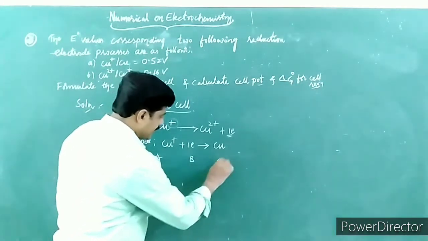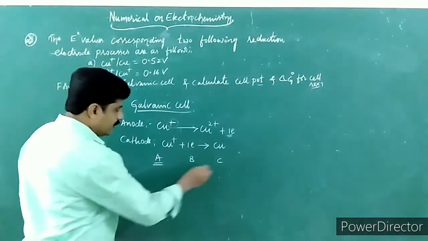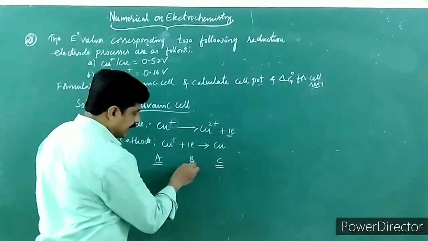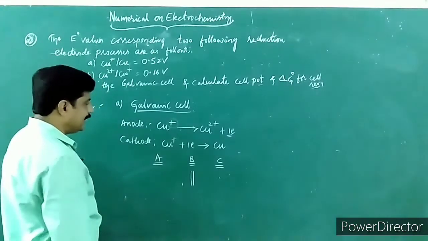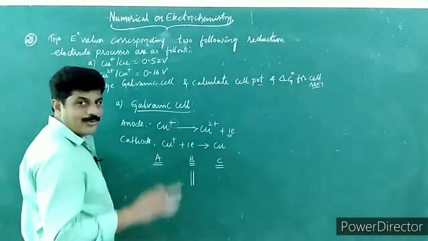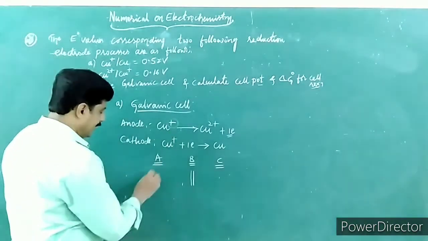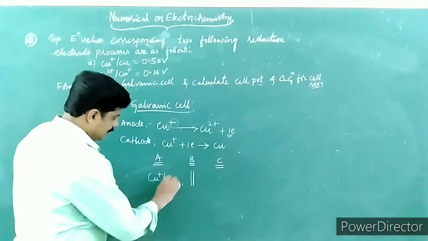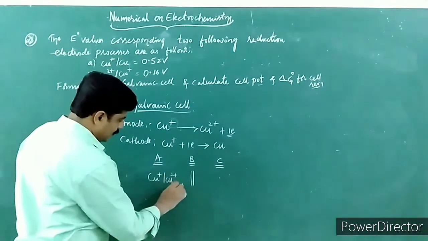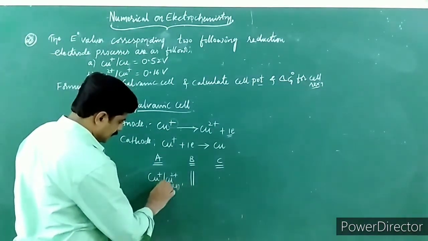You know the ABC of the cell. A stands for anode, C stands for cathode, B stands for salt bridge. Is it not? Let me write the anode. You know that at the anode oxidation takes place. Look here. Cu+|Cu2+, both aqueous.